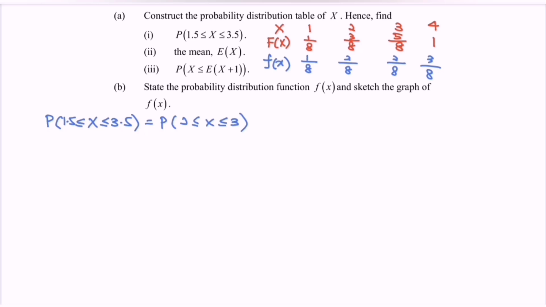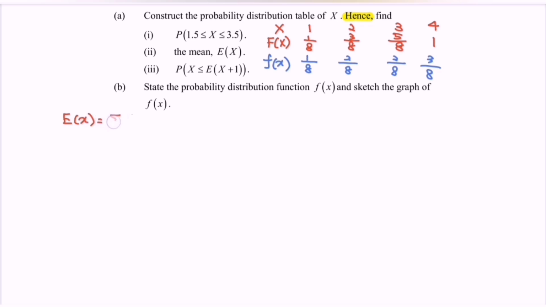In order to find the probability, make use of the blue table, because here we have the keyword 'hence', which means to make use of the PDF. The probability that x equals 2 plus the probability that x equals 3. So we have 2 over 8 plus 2 over 8, and the answer is 1 over 2. That is the probability that x is greater than or equal to 1.5 and less than or equal to 3.5. Next is to find E(X).